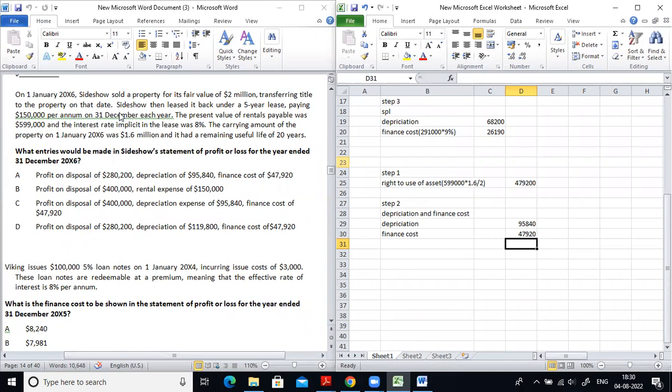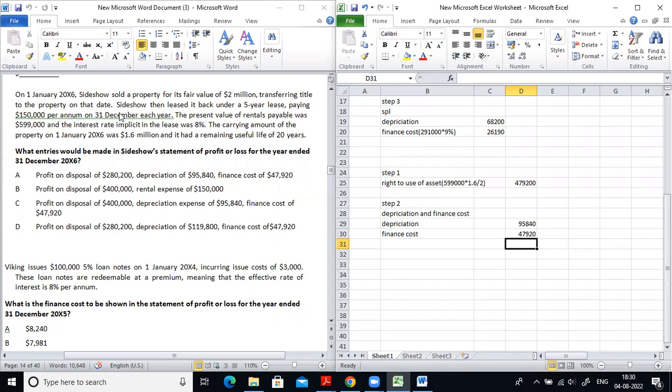So whenever you lose the control on an asset, as per the conceptual framework, definitely you need to derecognize the asset. Even the standard says the same thing. If you're assuming that sale and leaseback is actually a sale transfer, then you should derecognize the asset. And immediately after derecognizing the asset, definitely you need to recognize profit or loss on disposal.